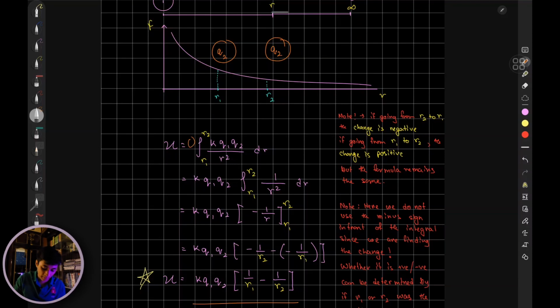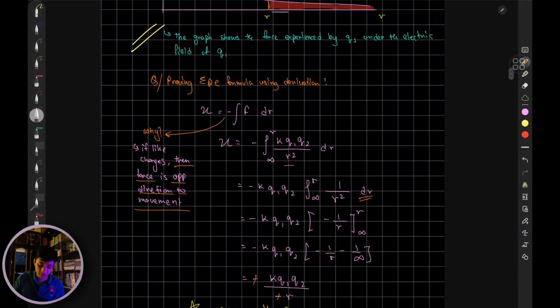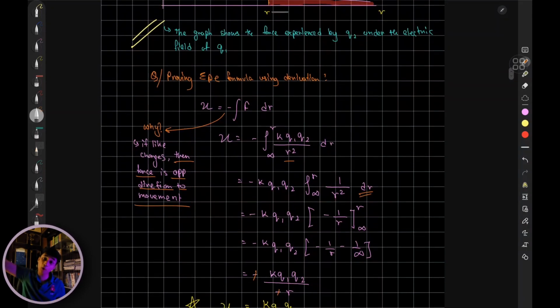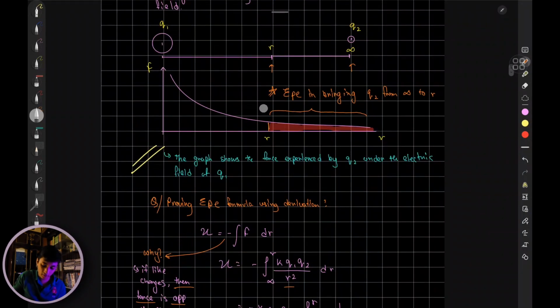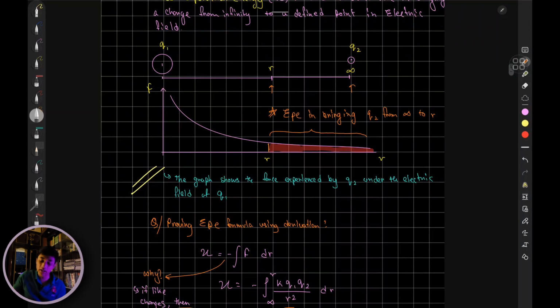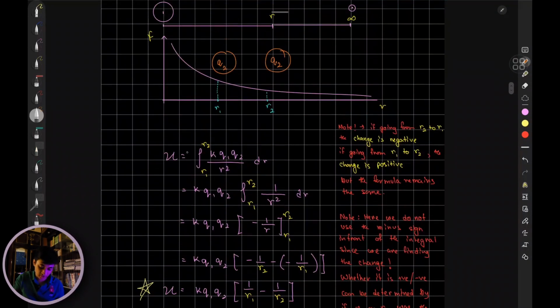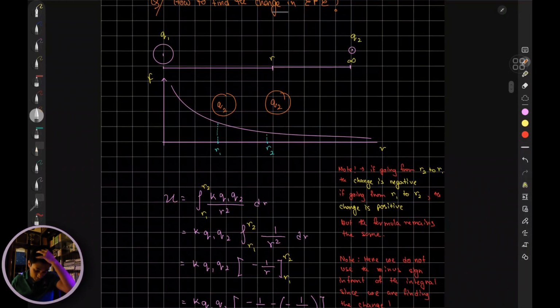That is why we don't have a minus sign over here, but previously we did, because we were working from infinity to a point closer to the charge, that is r, or any such point near q1. So over here we don't introduce the negative sign, and let's move on with the exact same process of integration. Let's say we're moving from position r1 to position r2.